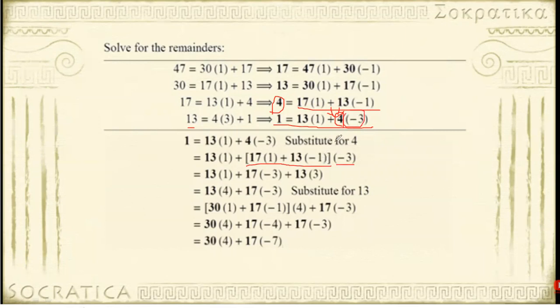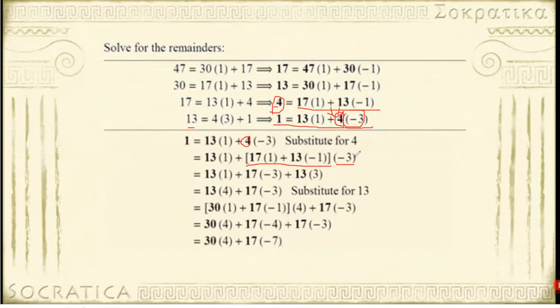Again, I am repeating in case you could not understand. So 1 is equal to 13 into 1 plus 4 into minus 3. What we did here, we have put the value of 4, which is 17 into 1 plus 13 into minus 1. So 13 into 1 plus the value of 4, 17 into 1 plus 13 into minus 1, the whole term multiplied by minus 3.